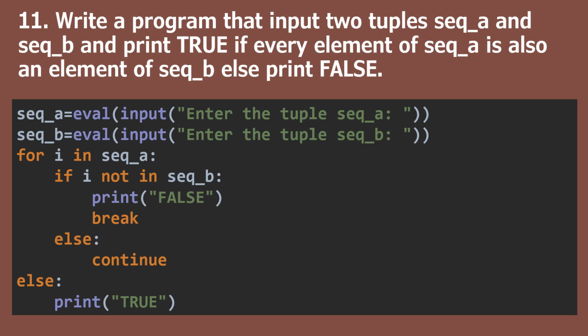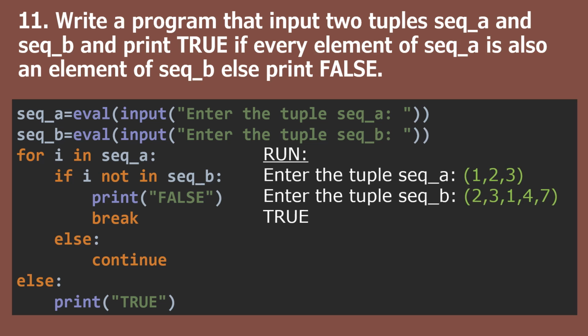Else you can continue. That means if i is in sequence B, that is, if that value is present in the second sequence, then it will continue to check the next value. Then at the end of the for loop it will print True. That means once the for loop completes its execution, all the values of sequence A are present in sequence B, then it will print True.